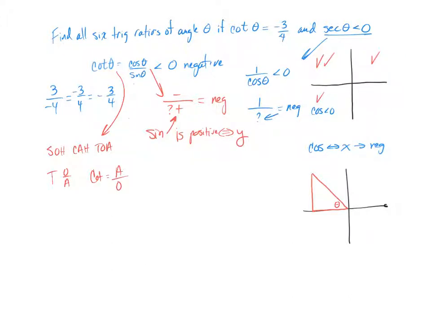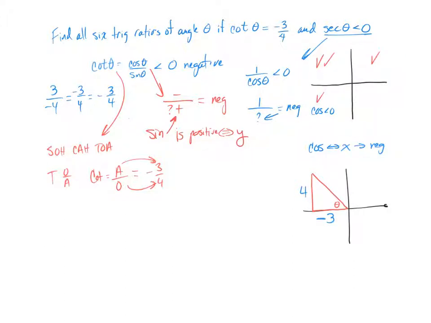So with our cotangent being negative 3 over 4, we know the adjacent side must be 3 and the opposite side must be 4, and don't move away from this thing until you decide which one of these numbers deserves a negative sign. I went left here, so going left on the x-axis means that guy's the one that should have the negative sign. Also, you should note that we went up on the y-axis, so that guy should be positive, which he already is.